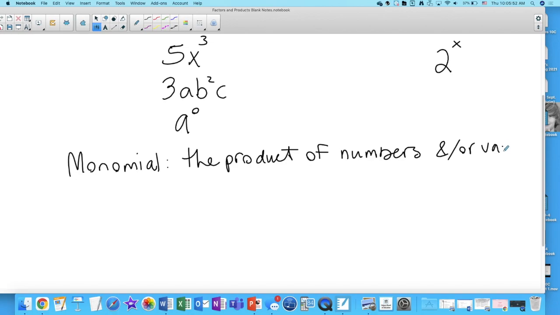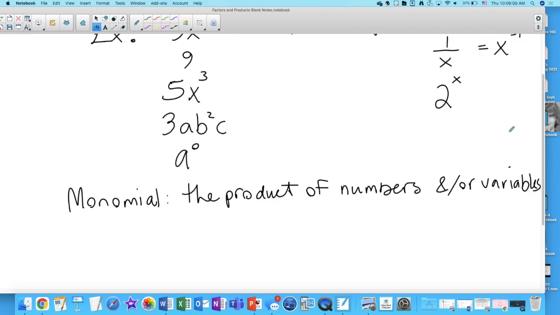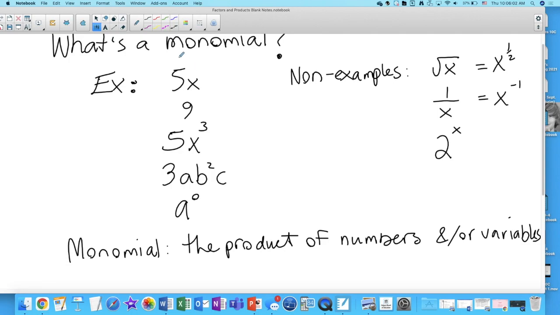Okay, so for example, this is the product of a 5 and an x. This is just a number. If you just have a number, it actually has a special name. It's called a constant, but it's still part of a monomial. Falls under that definition. This guy is the product of 5 times x times x times x.